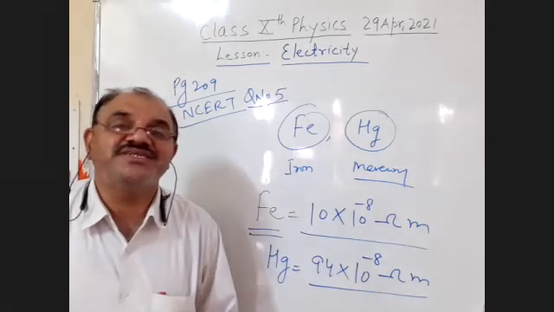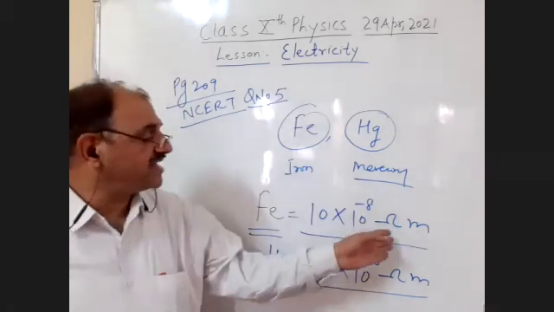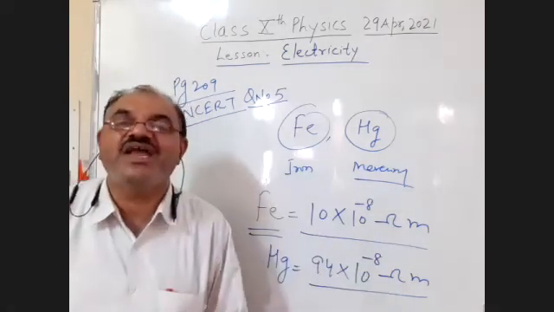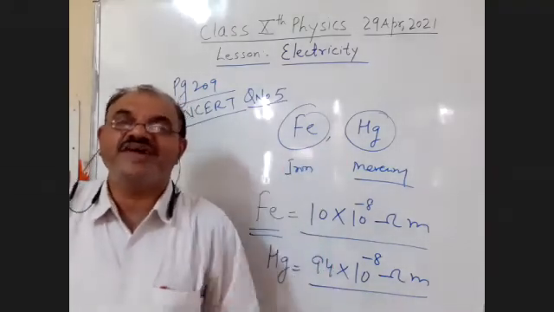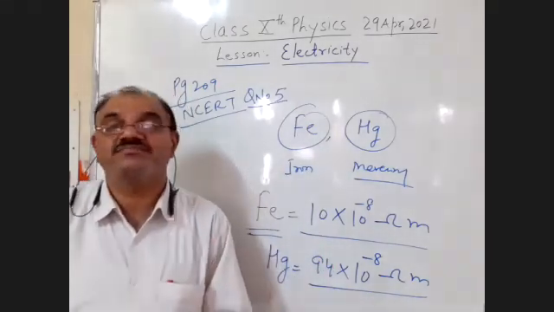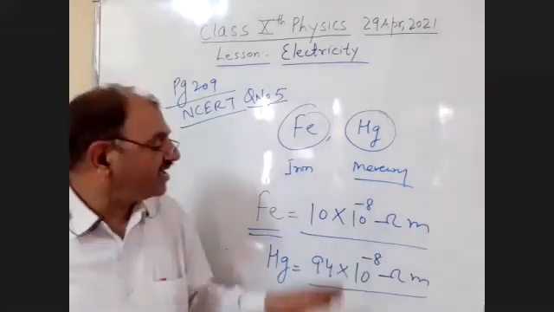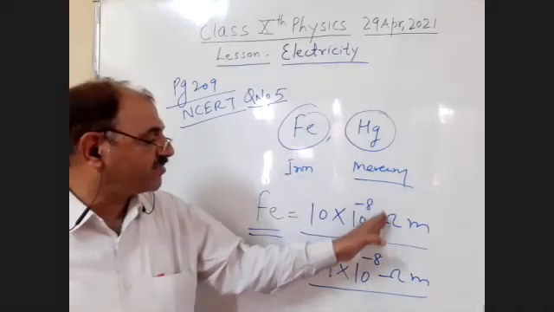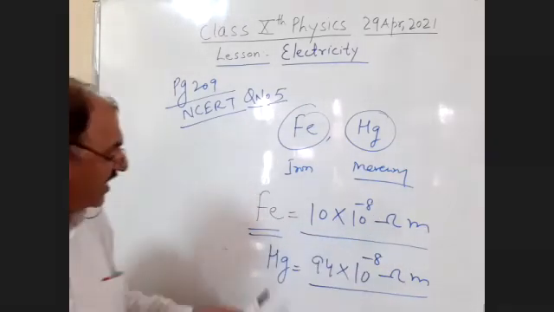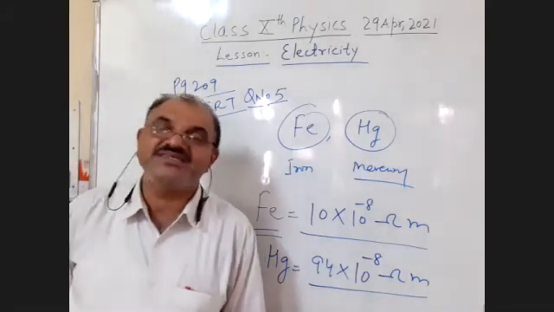Ohm meter is the SI unit of resistivity. Students, in my previous lecture I already announced that whenever you write the value of any physical quantity, you must write it with the SI unit. The resistivity of iron is 10 into 10 raised to power minus 8, and the resistivity of mercury is 94 into 10 raised to power minus 8 ohm meter.